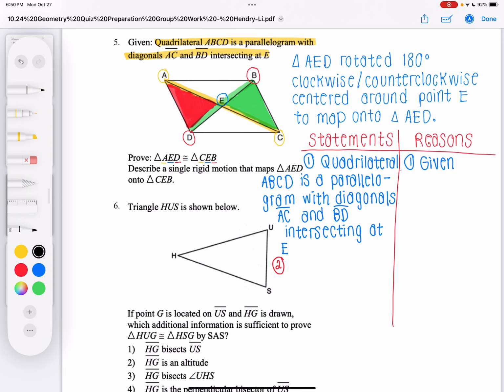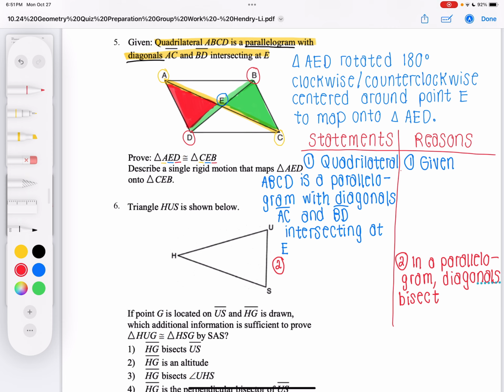Okay, now we're ready for the second statement. If you remember, what's special about a parallelogram and its diagonals is that diagonals bisect each other. So I'm going to write here for my second reason, in a parallelogram, diagonals bisect each other. What that means is that it cuts each other in half.